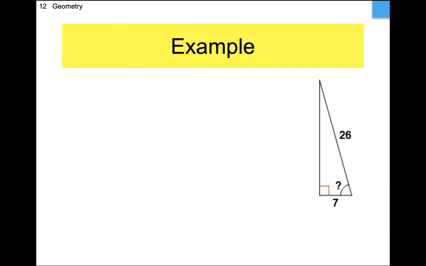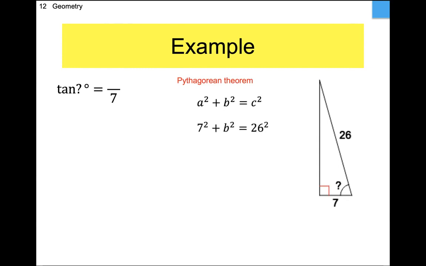So if they give you two of the sides, but you need the third side, we've got to reach back to our friend Pythagorean theorem to find the opposite side. So if you know two sides, you can find the third side with Pythagorean theorem. So let's see, that would be 7 squared plus b squared is equal to 26 squared. Just a calculator drill. Grab your calculator, do the Pythagorean theorem, subtract 49 from both sides, and then take the square root, and you get about 25.